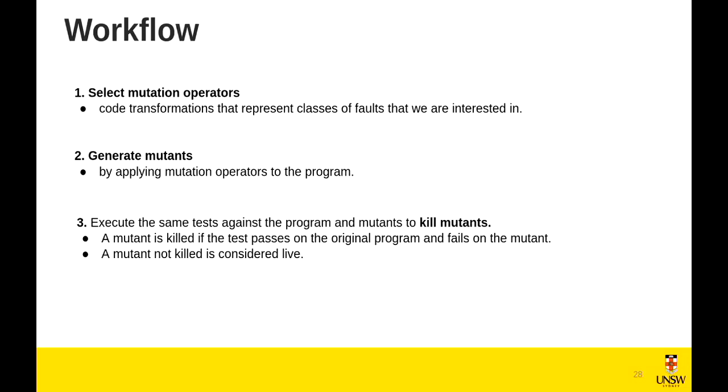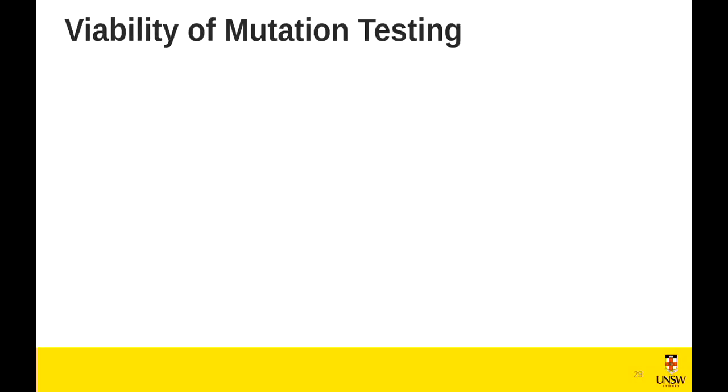The last step is to execute the same tests on the original program and the mutants to kill the mutants. The definition of killed follows the previous formal definitions. So these are the three steps in doing mutation testing. And of course, the more mutants killed, the better the quality of the test suite is.